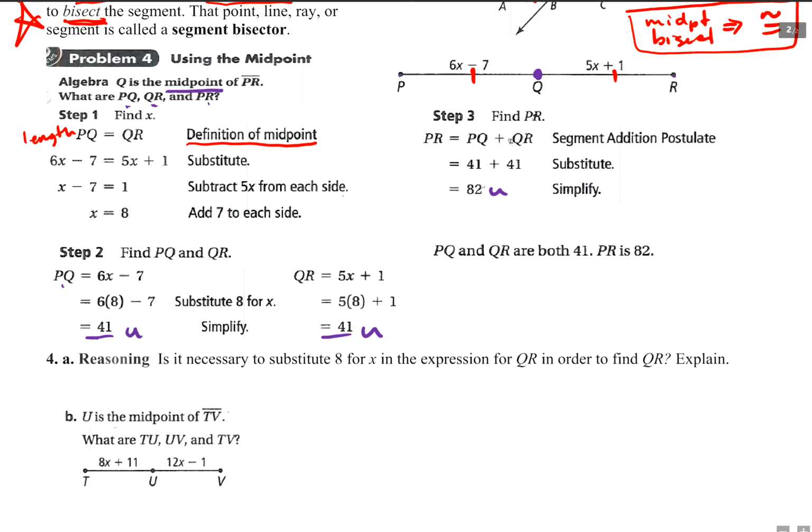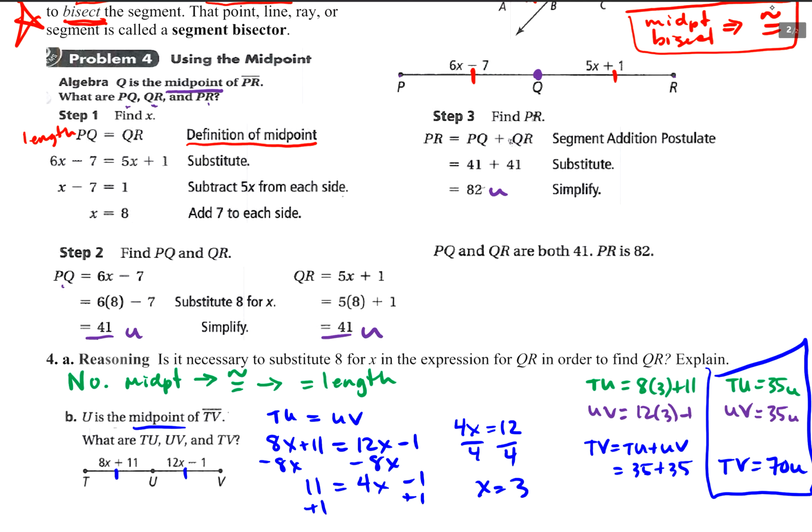All right, go ahead and pause the video and do the last two questions there. Okay, that was fun. First question, is it necessary to substitute to find QR in order to find PR? And no, it is not, because we know that Q is the midpoint.